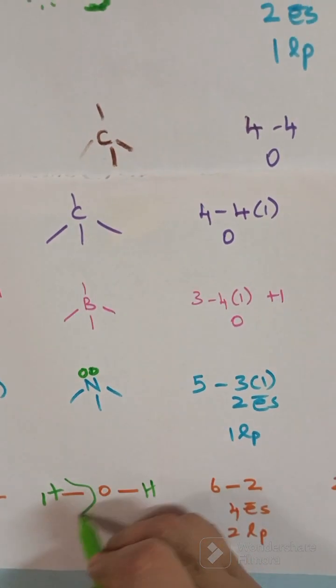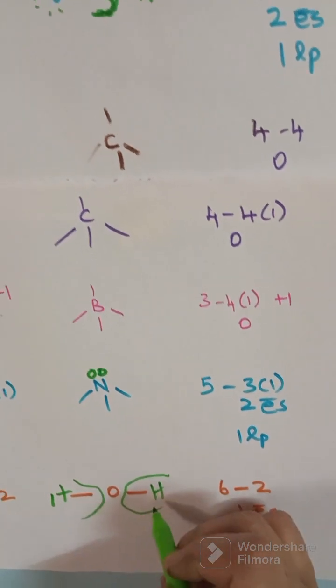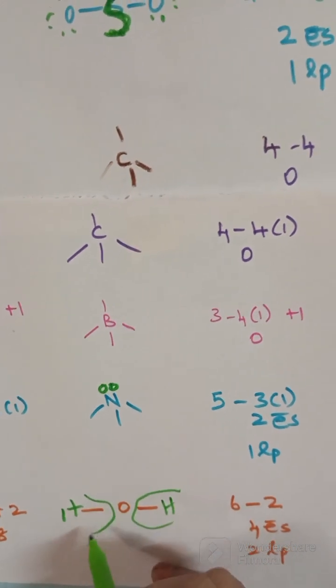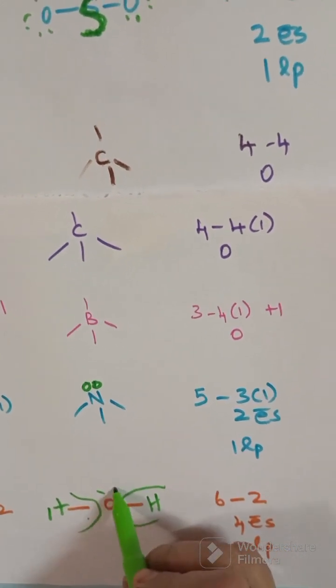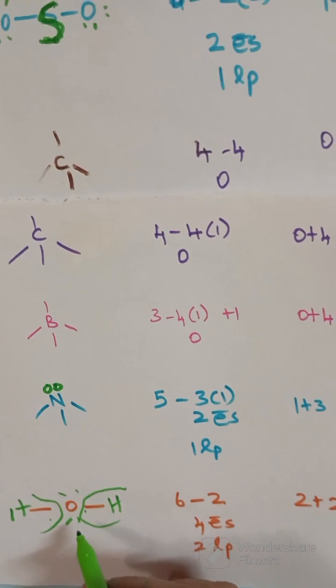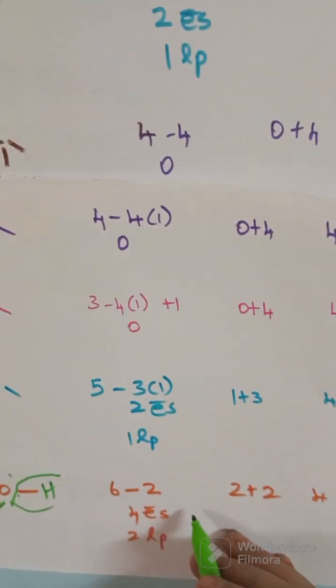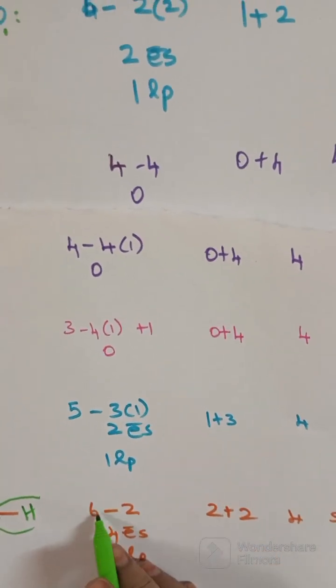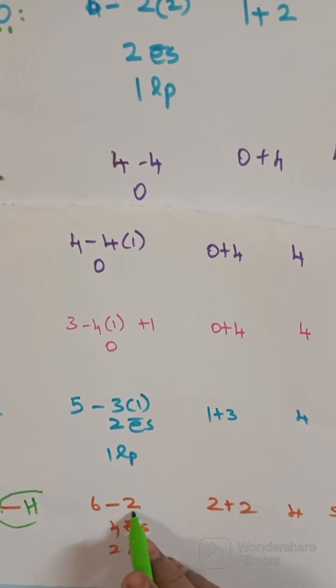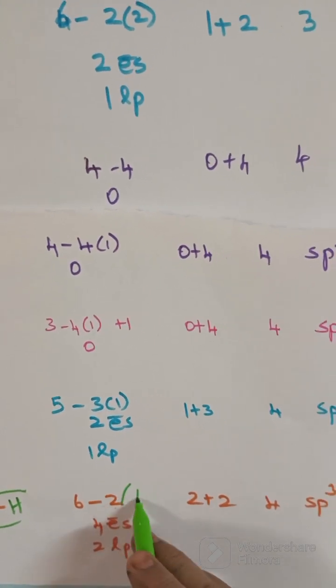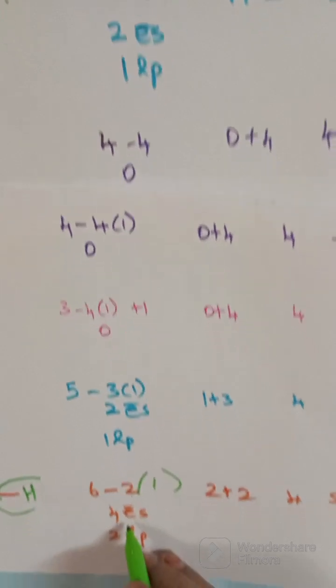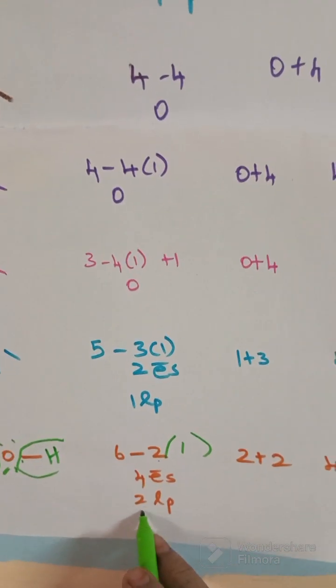So hydrogen gets the doublet only, there is no octet for hydrogen. So here 2 plus 2, 4, 6, 8. There are 2 lone pairs on oxygen. To find the lone electrons, group number minus the number of atoms into valency of hydrogen is 1. So 6 minus 2 is 4. So there are 2 lone pairs.